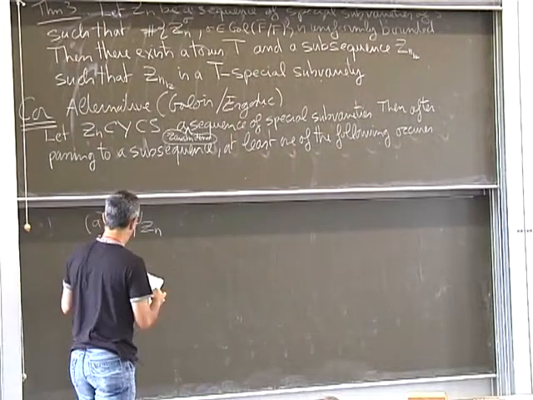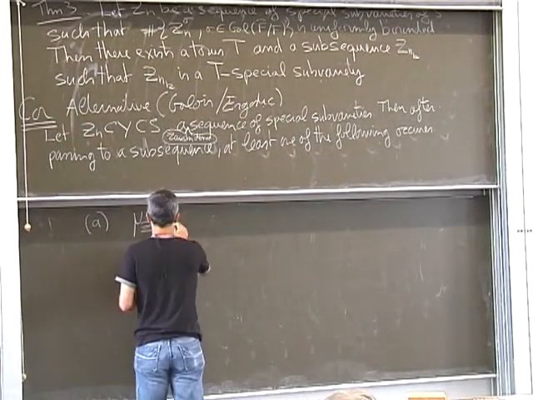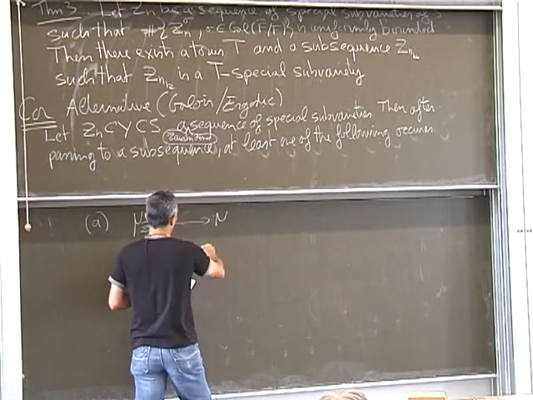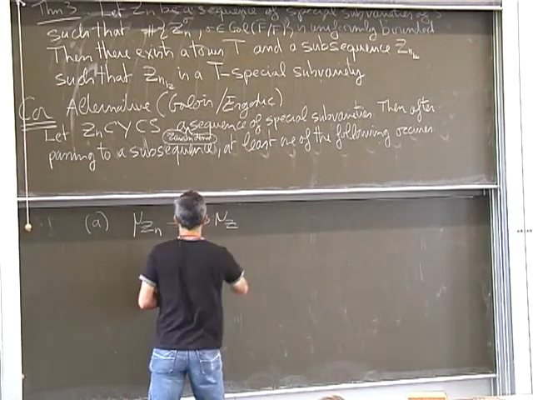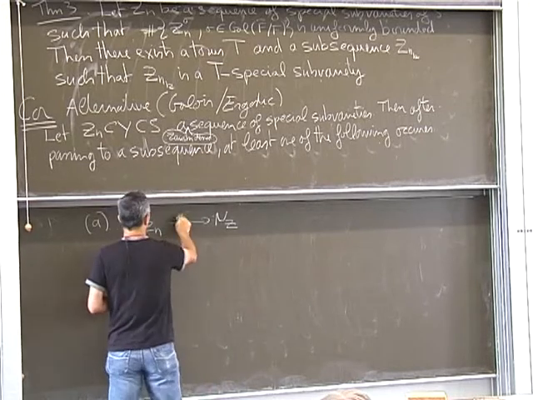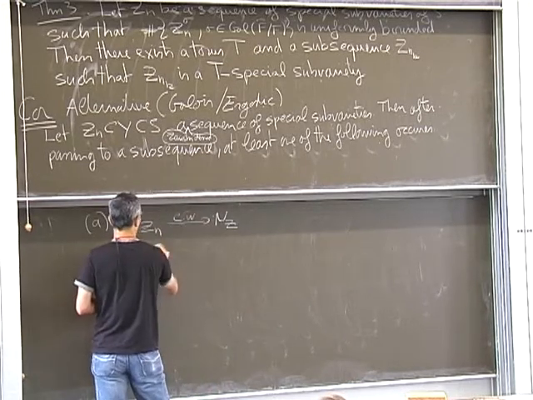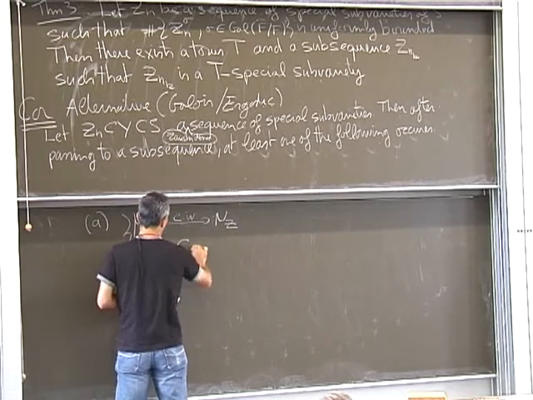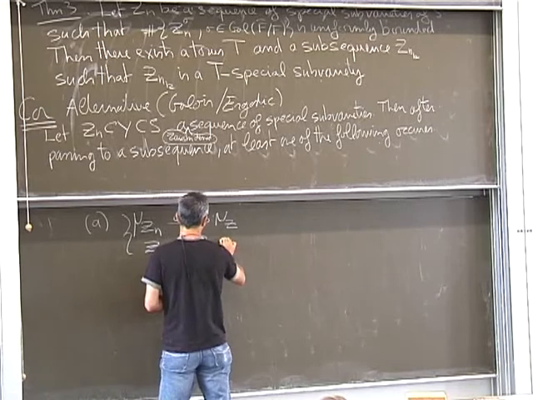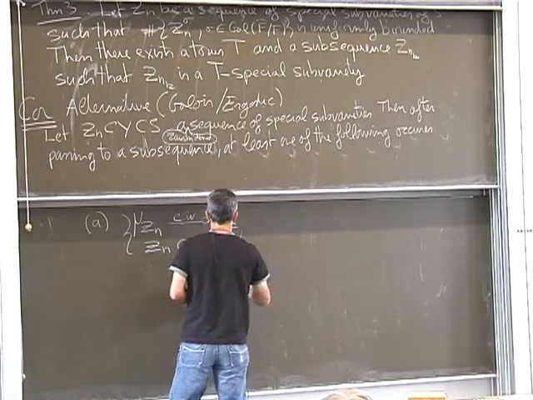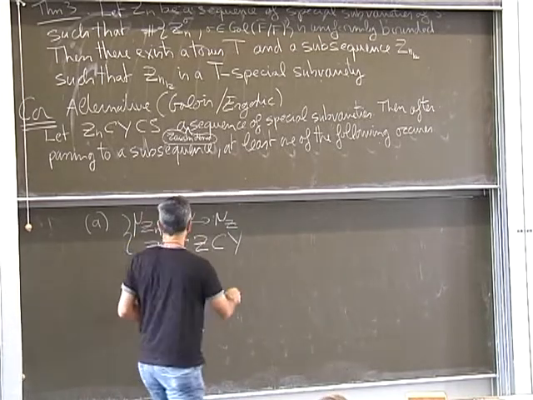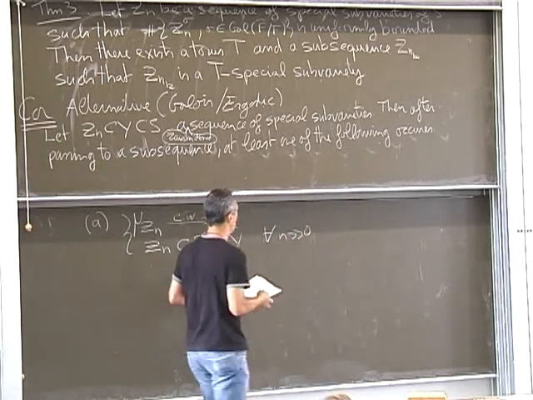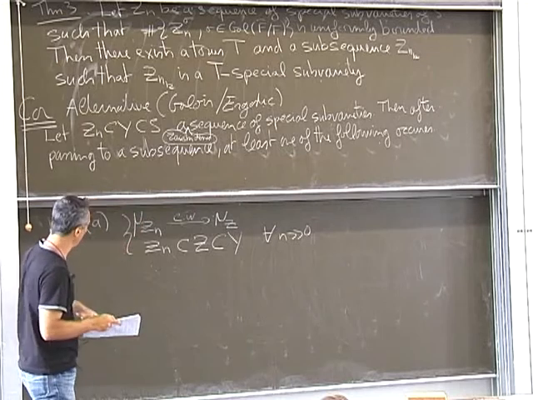So in the first case, we know that if the Galois orbits are bounded, mu_{Z_n} converges weakly to mu_Z for some Z. Z_n will be included in Z, which is included in Y, for all n big enough, so I stop passing to a subsequence.